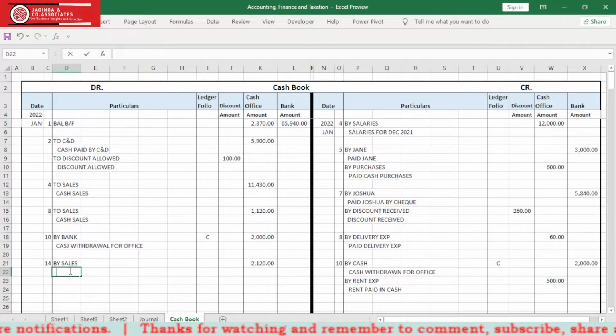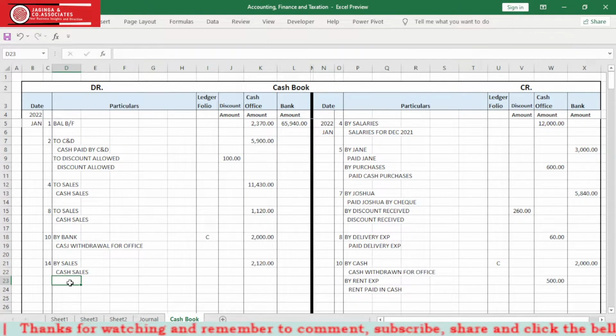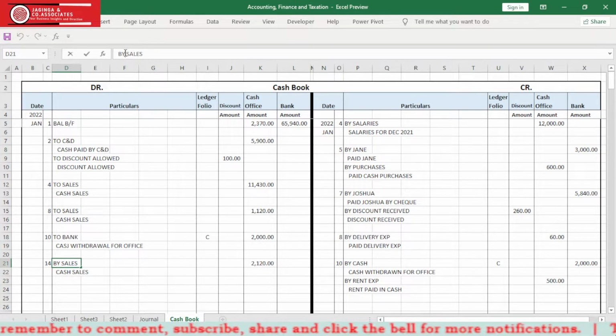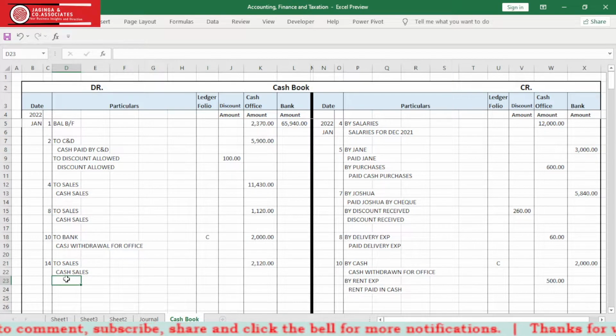So here we'll narrate cash sales. And then again, this not buy should be true, not buy. True is also true. And again down here we'll say true.